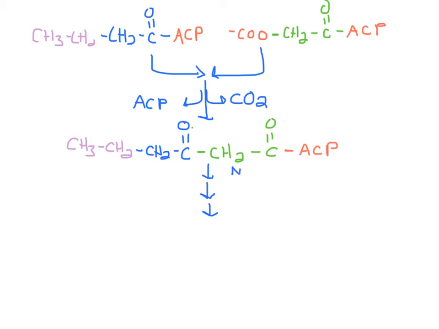So here we have two NADPHs, and they are donating their electrons. So you get an NADP plus. Water is kicked off, and so you get a new intermediate. And once again, we're keeping track of carbons.